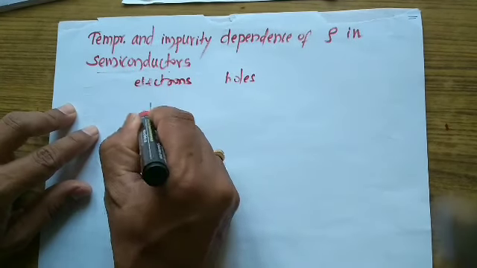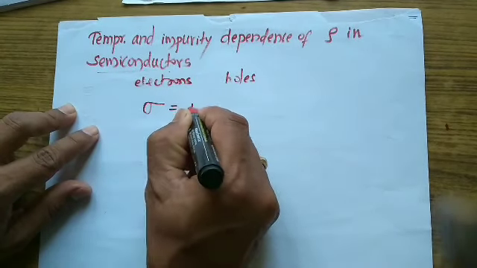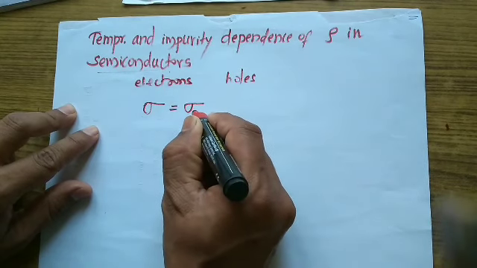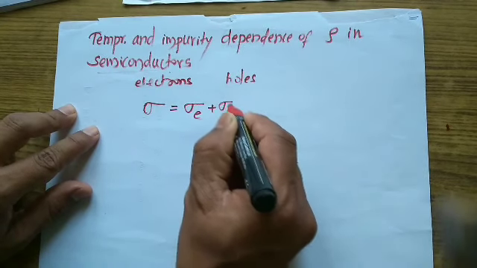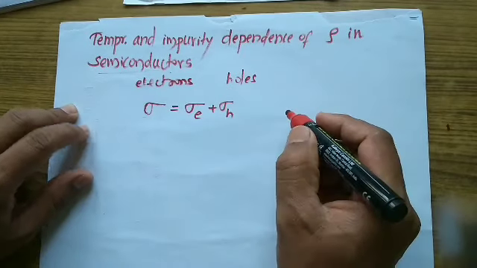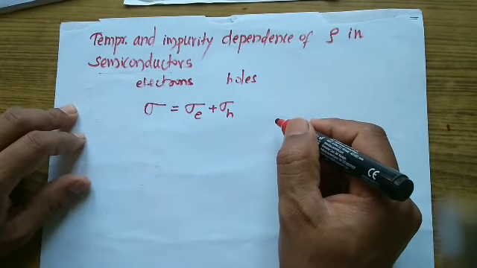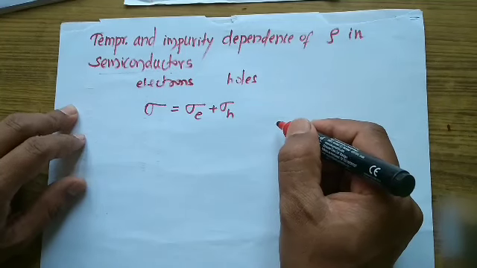Therefore, electrical conductivity can be expressed as the sum of sigma E plus sigma H. You know that electrical conductivity is just the reciprocal of electrical resistivity.